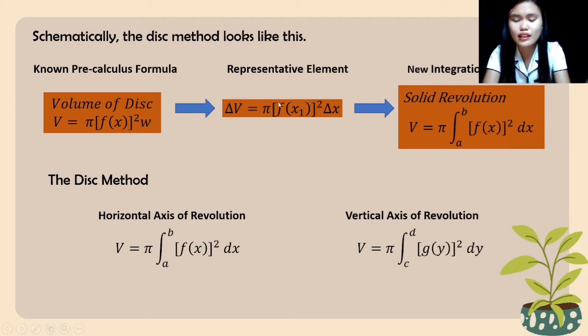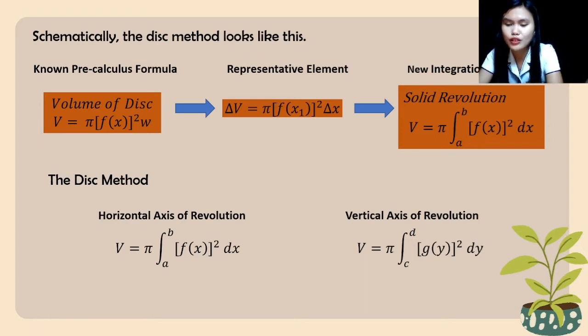Okay? So with this method, as we have known, we have the coordinate plane, right? We have the horizontal axis of revolution and the vertical axis of revolution. Now, if our solid here is rotated around the x-axis, it will then map out with respect to x, right?